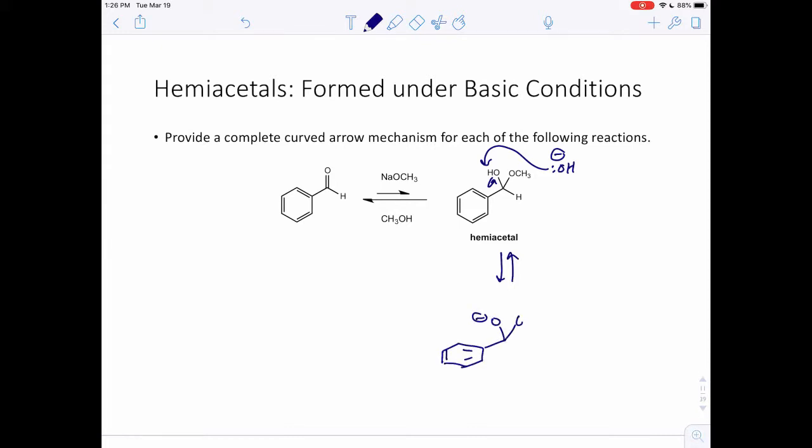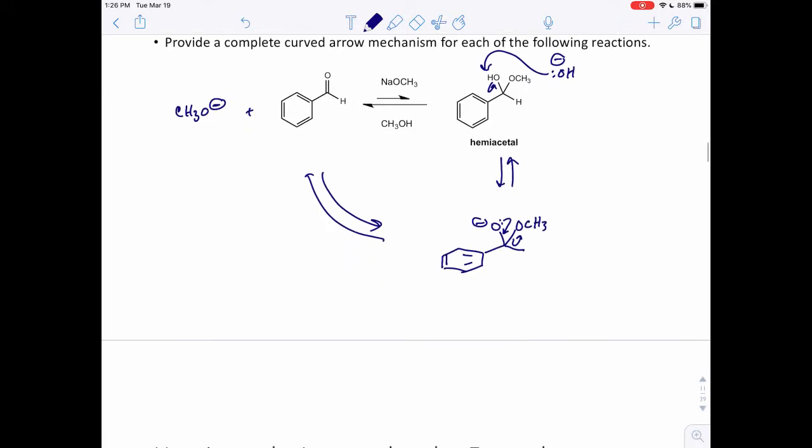So in reverse, we're going to deprotonate. And then look at what we're doing. We need to collapse, reform the carbonyl. So collapse, expel methoxide. No, methoxide is not a great leaving group. However, you are forming the strong C=O double bond. So in basic conditions, this is really it.